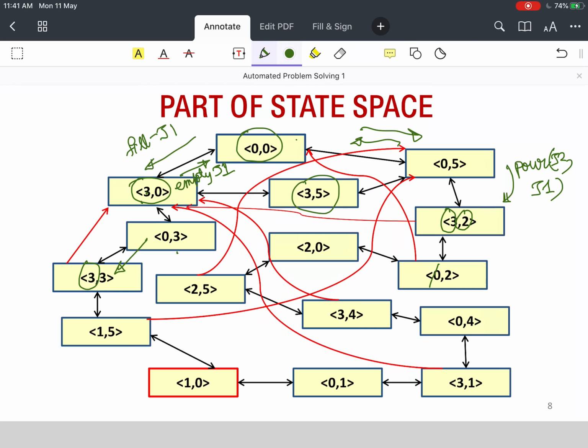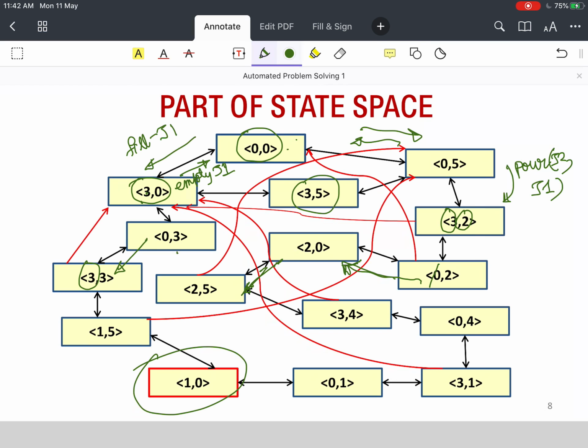Then you can transfer these 2 liters to jug 2. Then you can again fill up jug 2. Then you transfer from jug 2 to jug 1. Then from here you can again fill up jug 1 and so on and so forth. And then we need to find a sequence of these moves to reach my goal state.